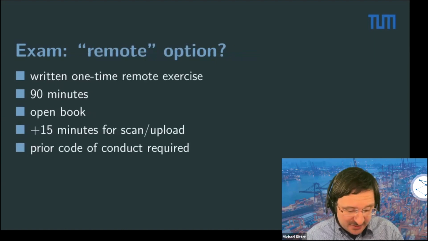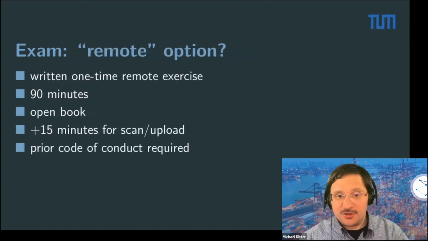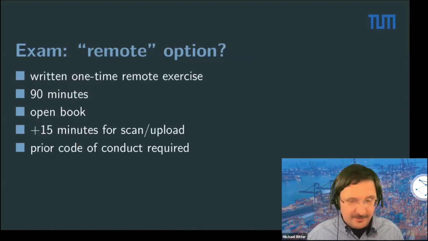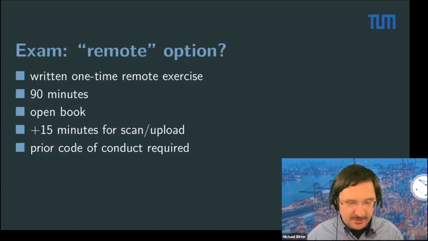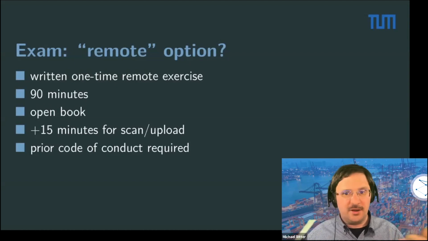What you already have experienced is the remote option. Again, if there's no possibility to write an on-campus exam, we'll go for the remote option once again. We'll do this in the same format as in Math 1, as a 90-minute one-time remote exercise, open book, because there's no way I can control you anyway, with 15 minutes extra for scanning and uploading the examination.